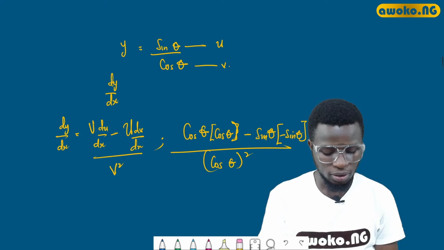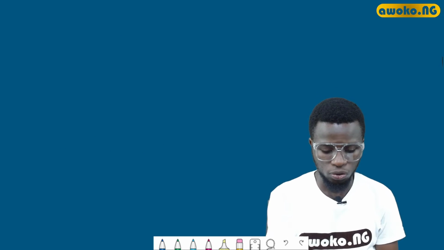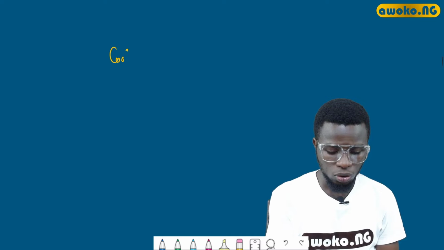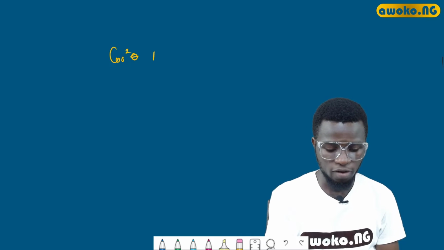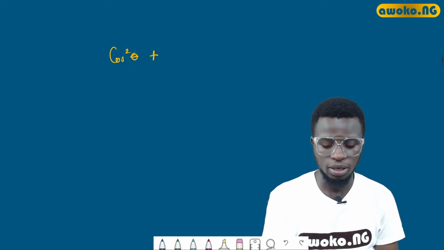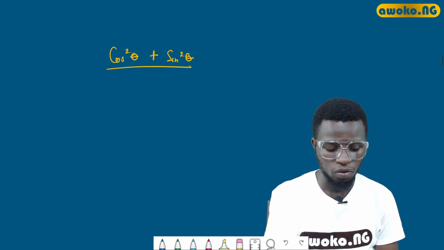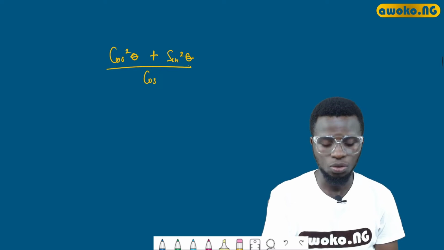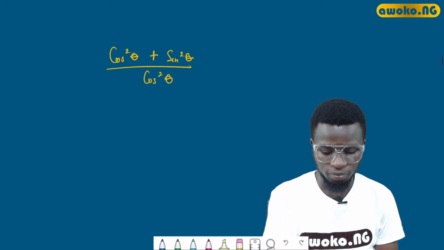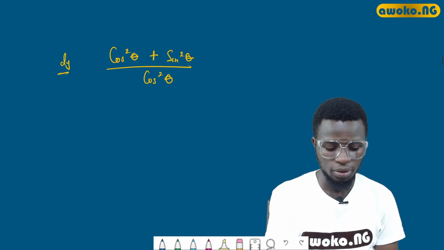Cos theta times cos theta is equal to cos square theta. Then we have plus sine theta times sine theta, which is also sine square theta, all over cos theta squared, which gives us cos square theta, and this is the dy/dx.